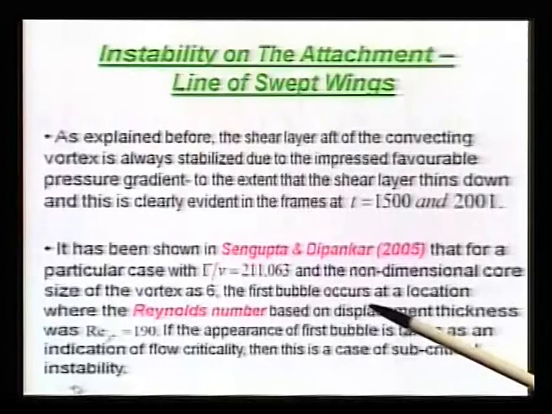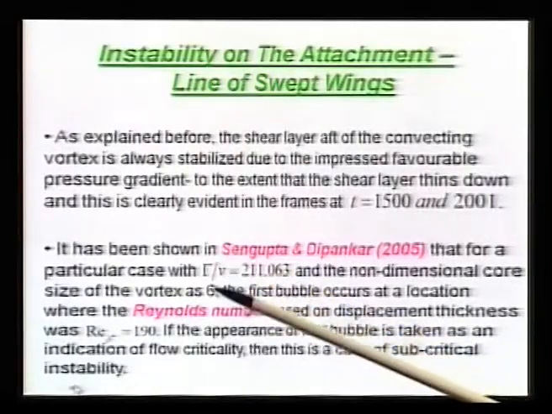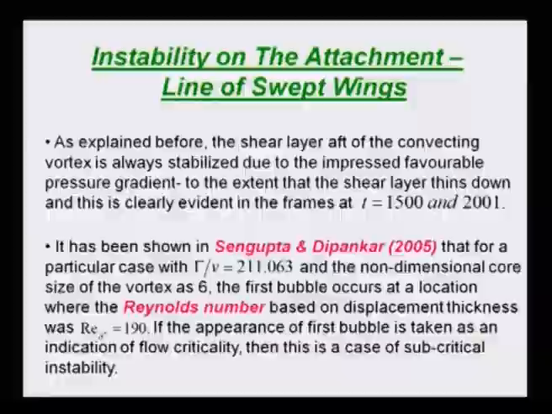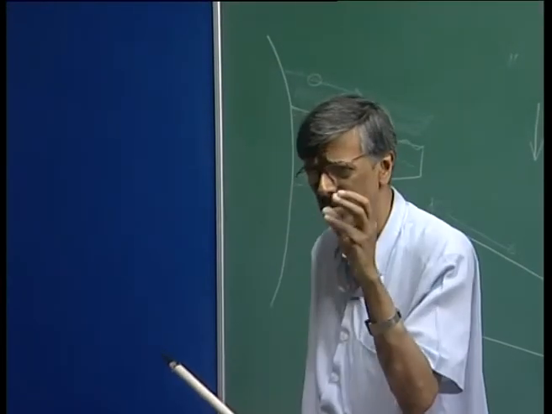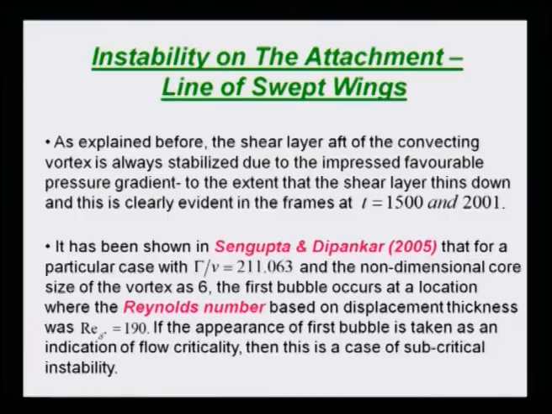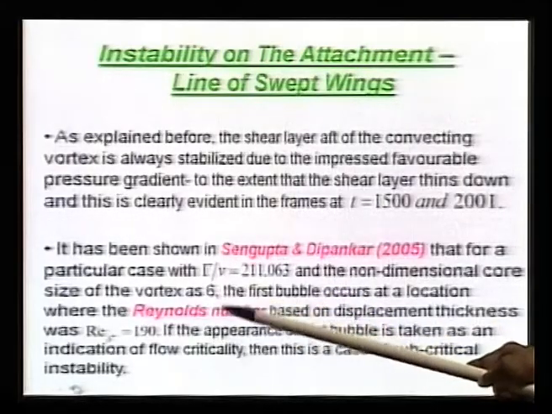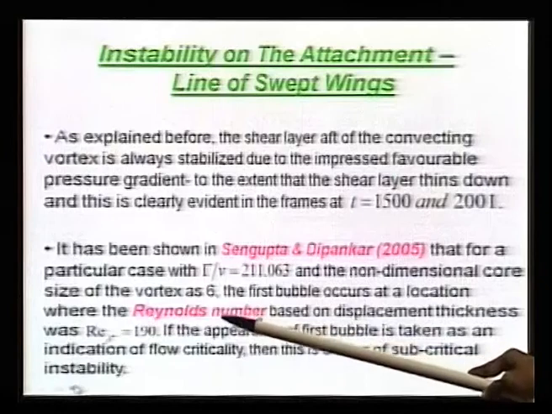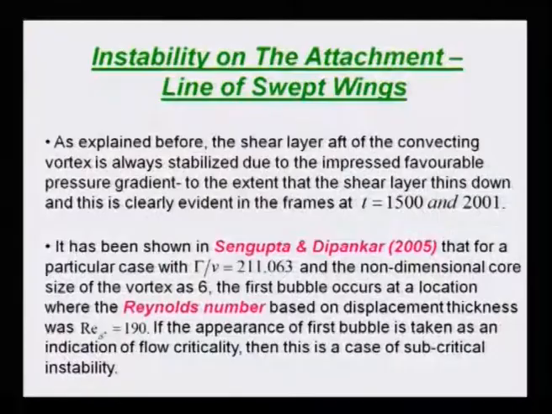So, basically you can see that again these are finite core vortices, these are viscous vortices that are going, and the first bubble occurs at a location where the Reynolds number is basically about 190 based on delta star. Okay. If the appearance of the first bubble is considered as an indication of flow criticality, then this is indeed a case of subcritical instability that we are trying to establish. Okay. I think I should stop here.